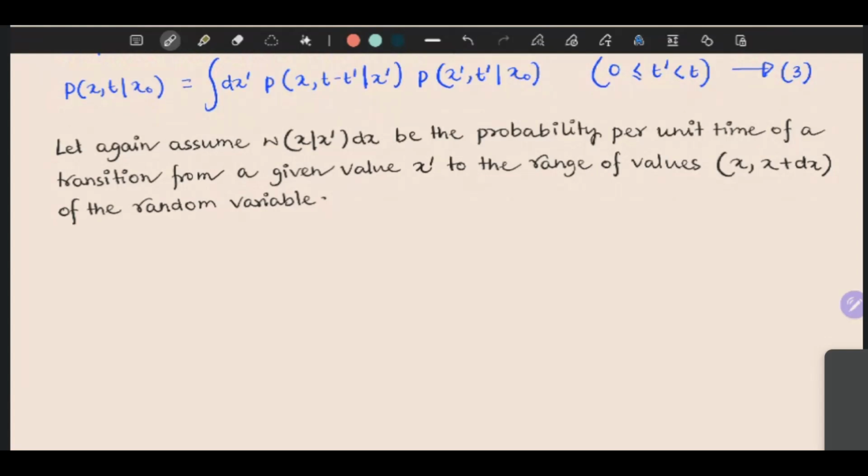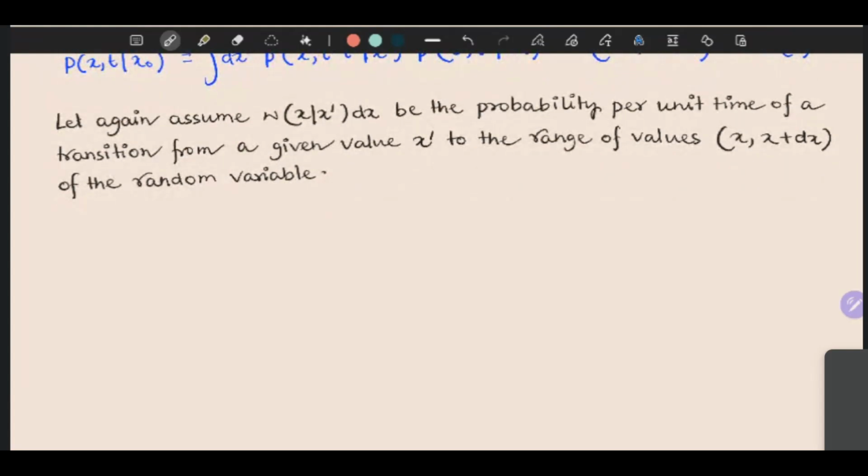So therefore this w(x, x prime) is the transition probability, right? Probability density, sorry. So w(x, x prime) is the transition probability density.